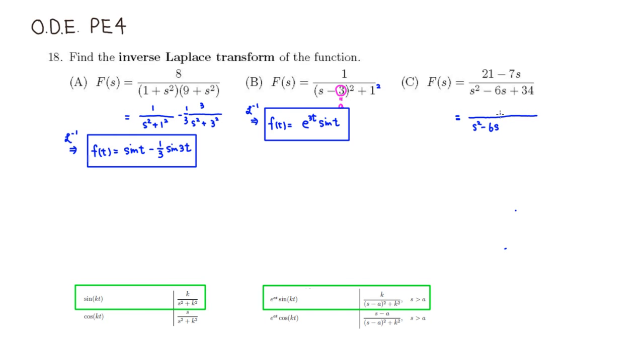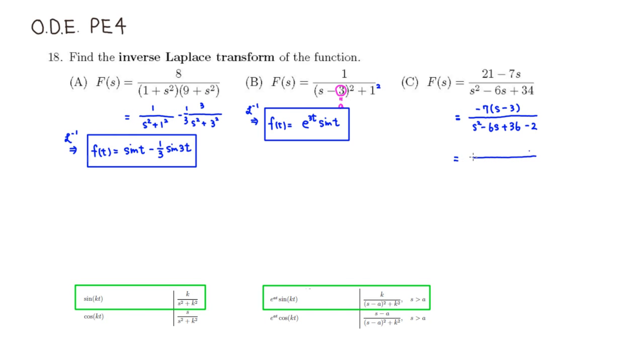To complete the square, we would like to have 36 there, but we have 34, so you just have to subtract 2. On top, I'm going to pull out the negative 7, then you would have s minus 3. Let's complete the square on the bottom.